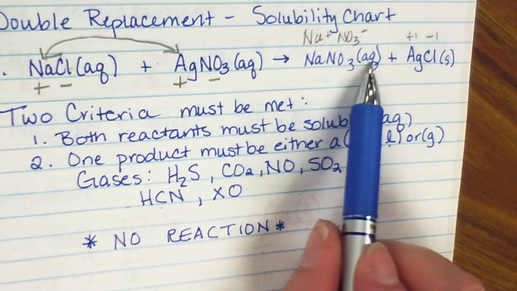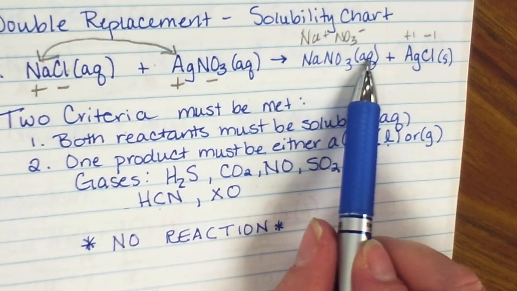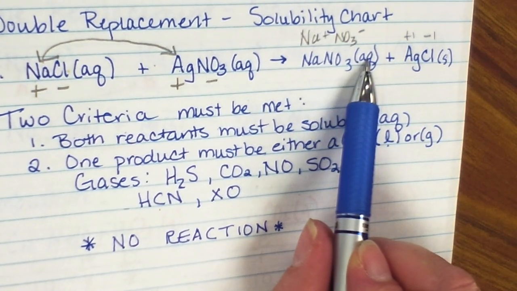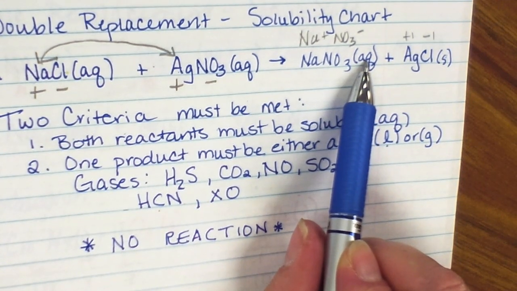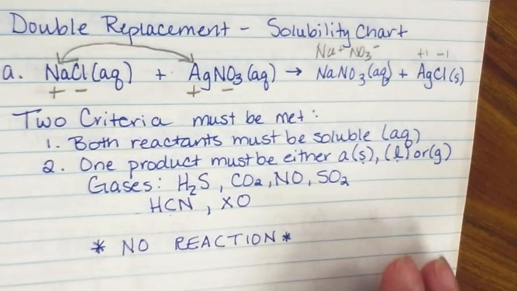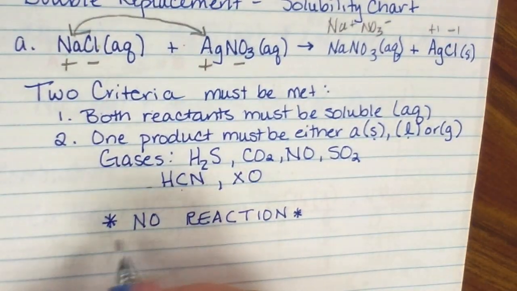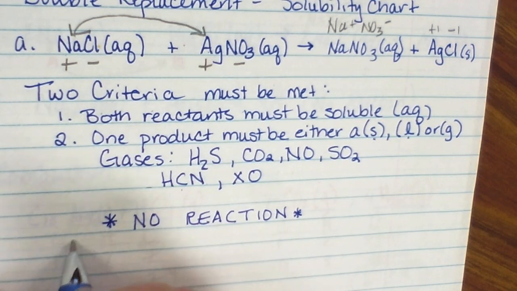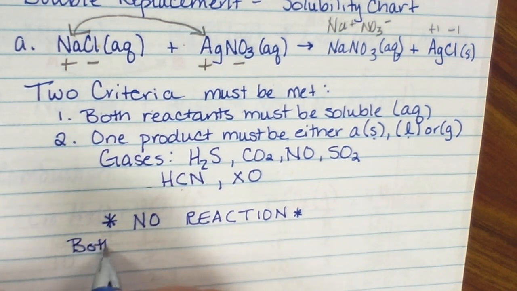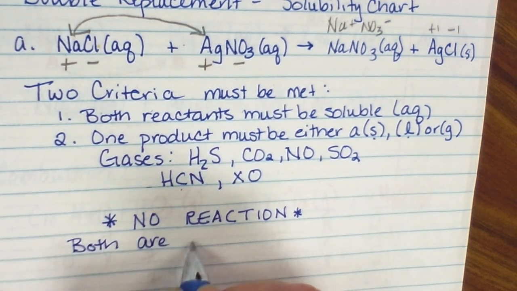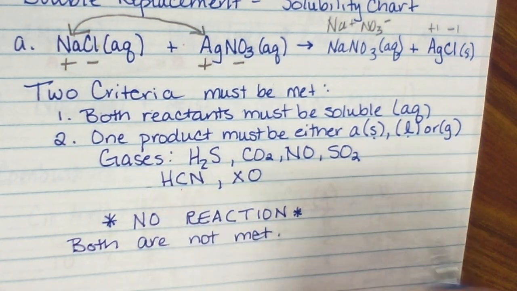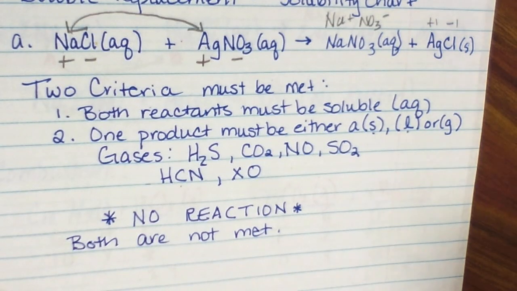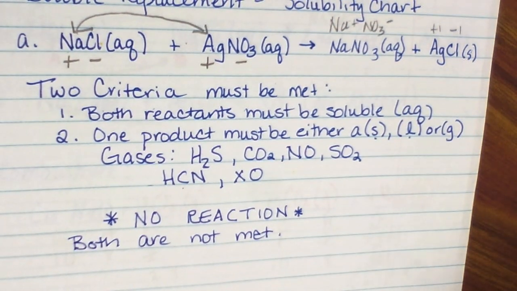The minute you see, oh, one of the products isn't a solid, a liquid, or a gas, just move on, write no reaction, and move on. Okay? Got it? You have to meet both criteria, okay?